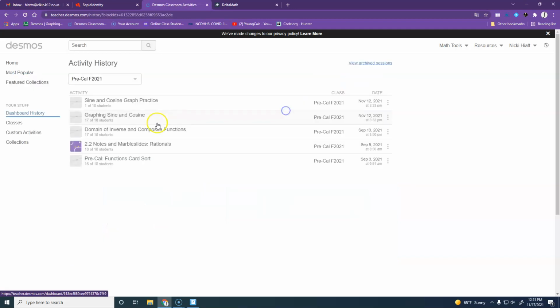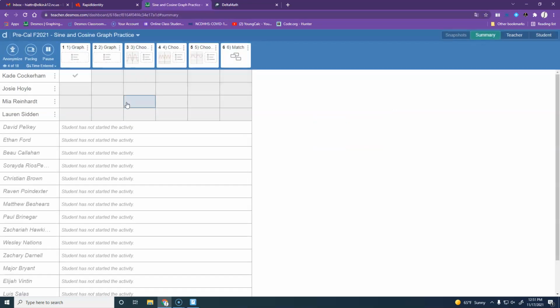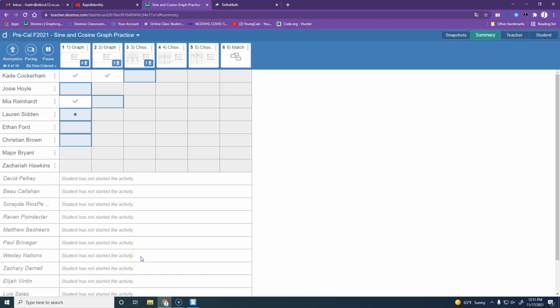It is going to be the one that says sine and cosine graph practice. And there are 6 there that you're going to do. And then there's also a worksheet, but I forgot to copy it, so I've got to go copy it real quick. Okay, so go ahead and work on this right now. Hopefully you'll finish it before you go. I'm going to cut the screen off.